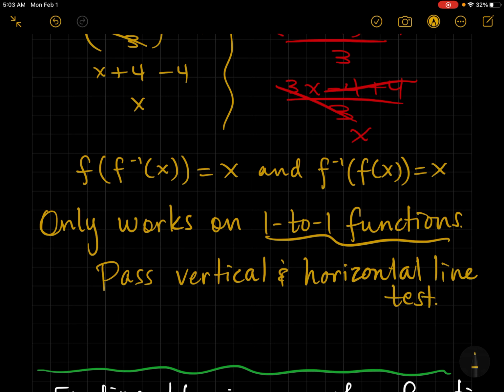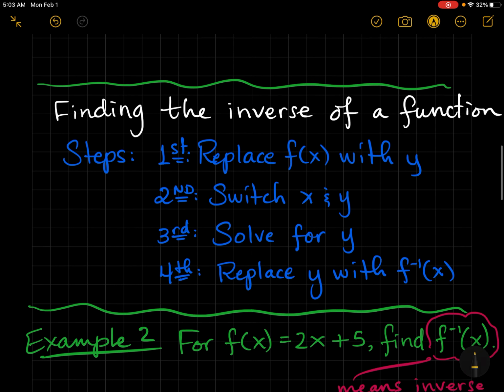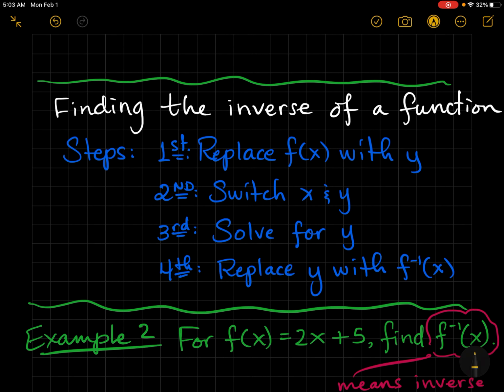You'll remember, hopefully, that in order to be a function, you have to pass the vertical line test. And then in order to be a one-to-one function, you have to pass the horizontal line test.